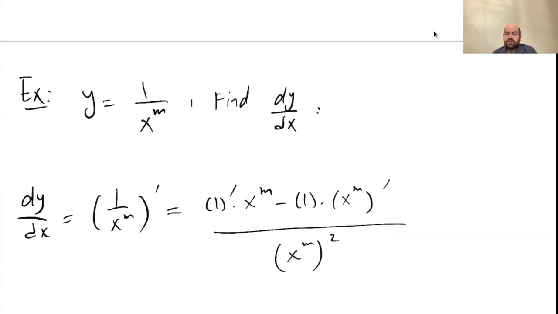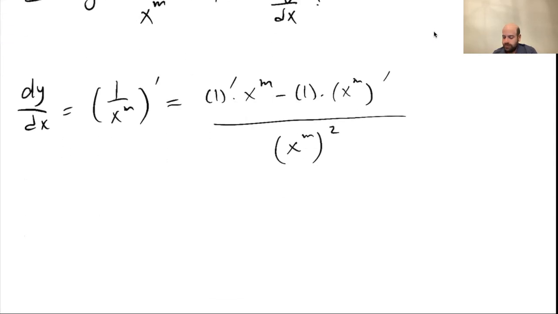So the derivative of u over v is u prime v minus u v prime over v squared. Then the derivative of 1 is 0 again, so 0 times anything is 0. So minus 1 times the derivative of x to the power m, which is m x to the power m minus 1, divided by x to the power 2m, right?